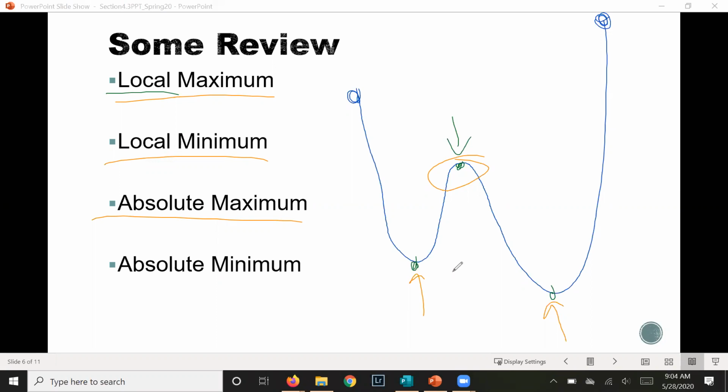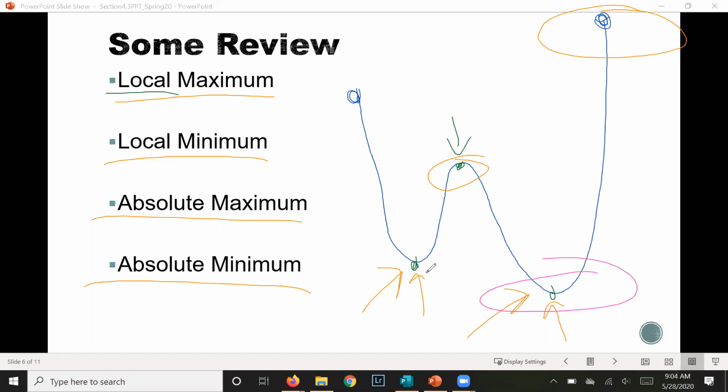Where does that occur? Looks like that is up here. Similarly, absolute min: we've identified two, but only one of those is the absolute min, and that would be this one over here on the right, correct? Because it is lower than any point on the graph.